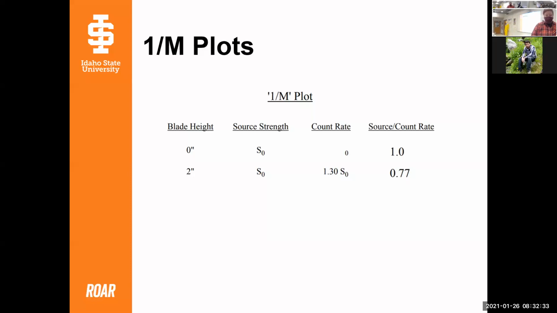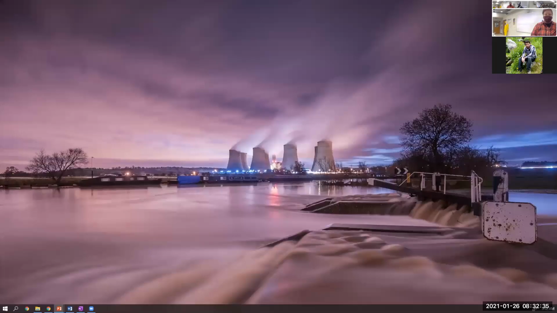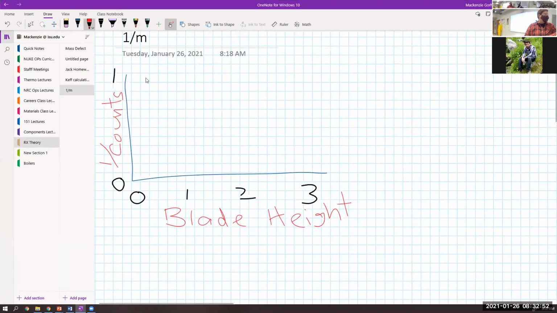Can your inverse counts just be like 0.1, 0.2, 0.3, 0.4 all the way up, or do you want it like... They could be. Okay. For those of you who are online, let me try to show this. So this line will go to the negative.